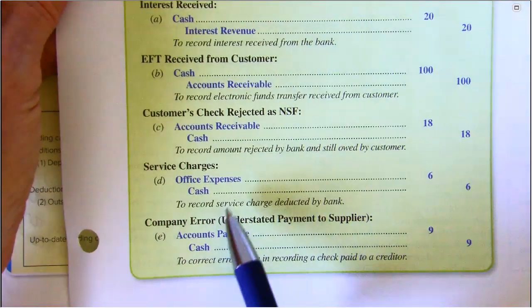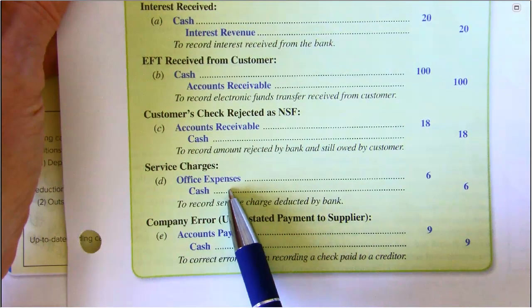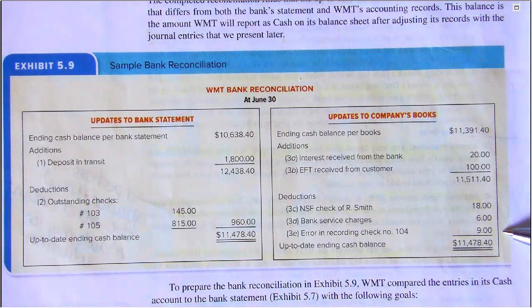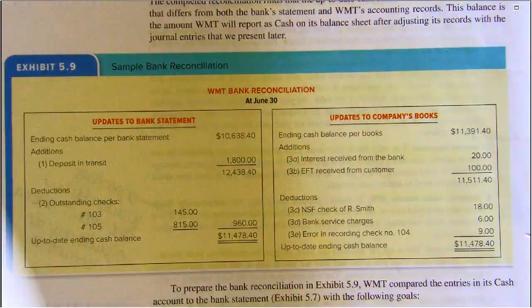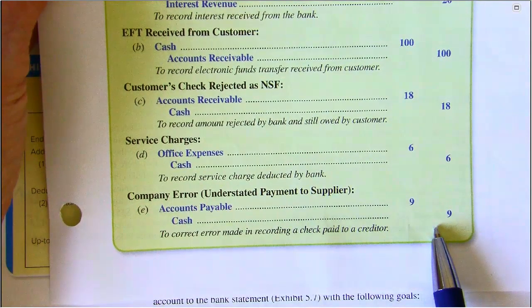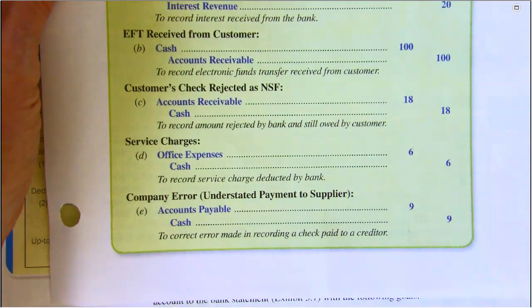But we're going to use what our book tells us to because Connect is set up to accept this as a correct answer. Finally, for the company error, that check was in payment of a supplier, and we credited cash and debited accounts payable for $56 instead of $65, so we need to debit accounts payable and credit cash for an additional $9. And that's it for our reconciliation.